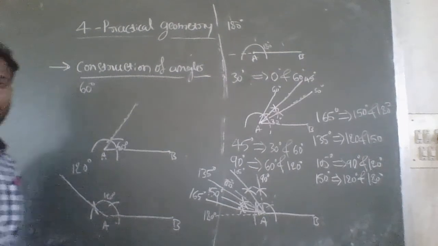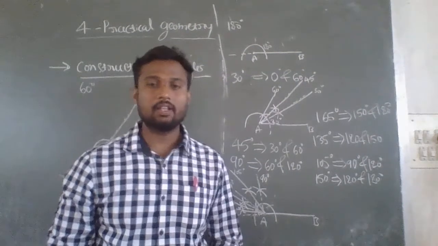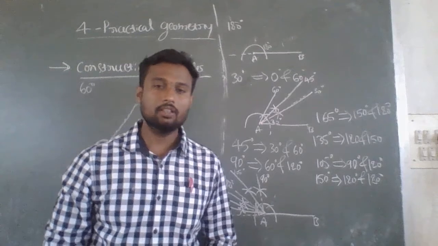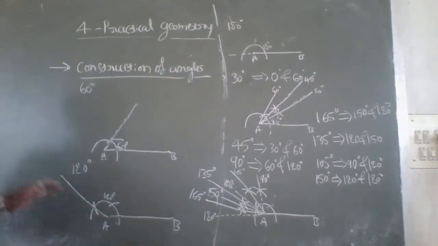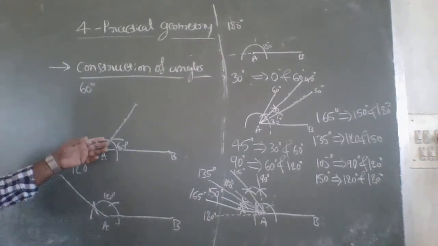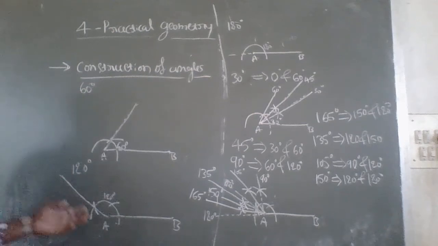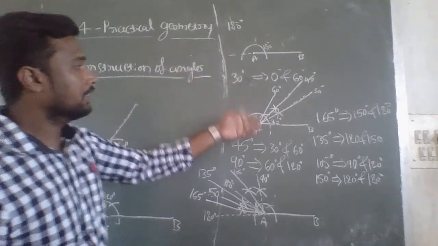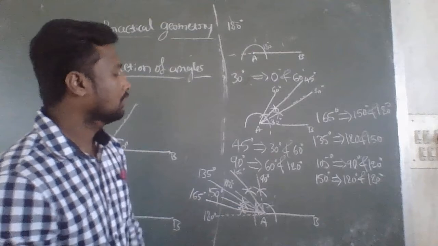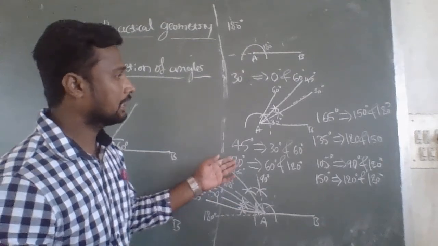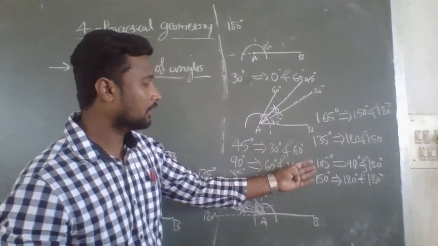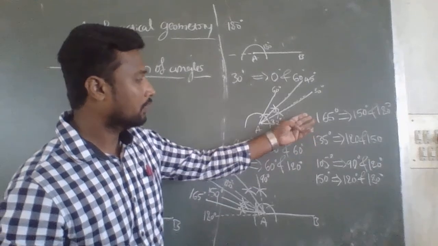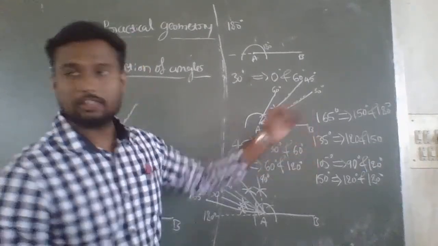So this is how we construct different angles by using a compass. These are the different angles: 60 degree, 120, 180, 90, 30 and 45, 90, 135, 105, 150, 165.